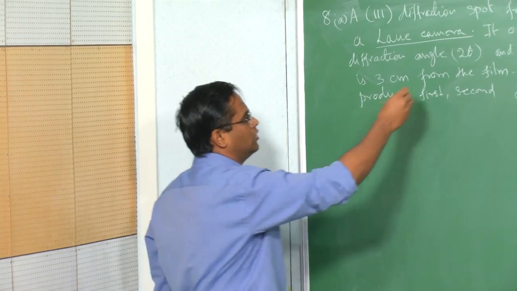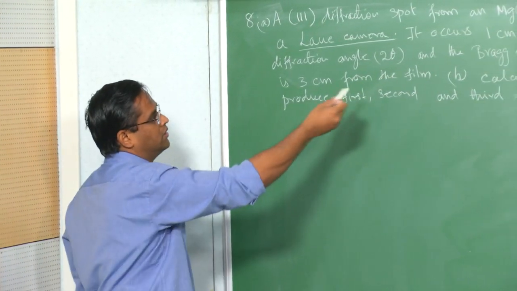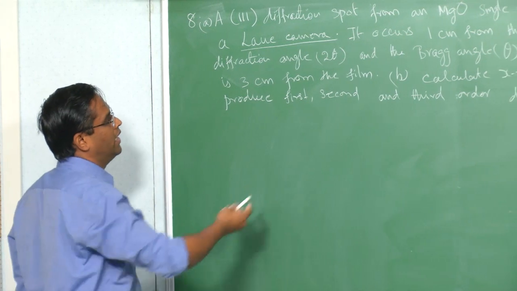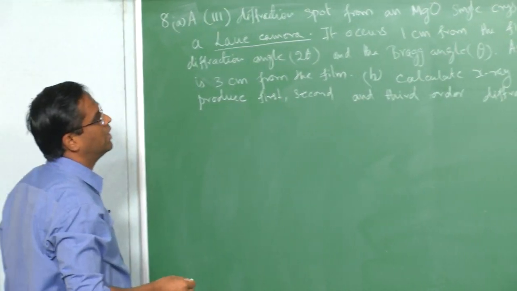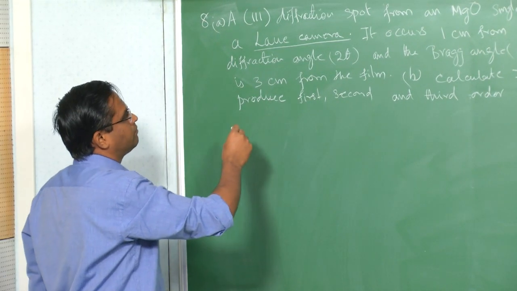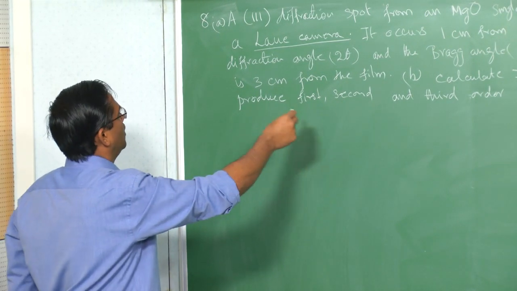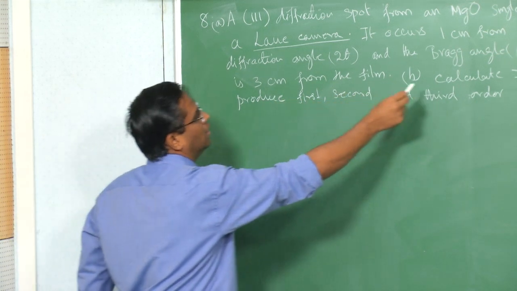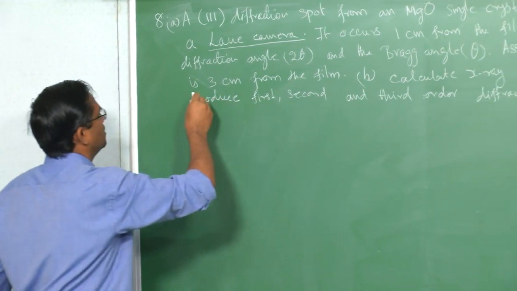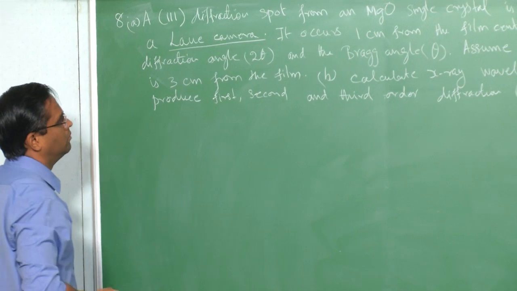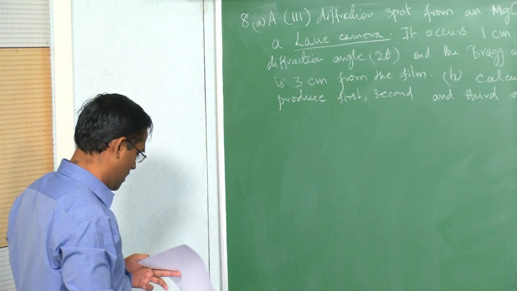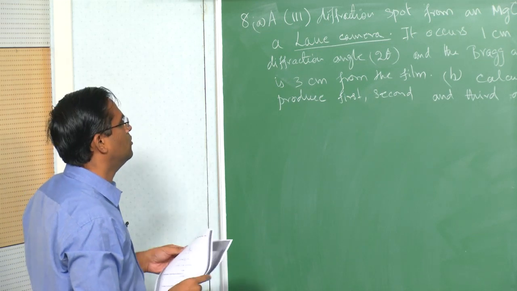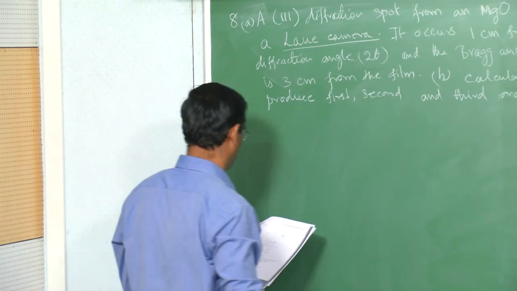And of course, you should also try to understand the geometry, because some of the dimensions are given, like the diffraction spot occurs 1 centimeter from the film center, and then you are given the sample distance from the film. So, we can work out the geometry and then calculate the rest of them, which is very simple.